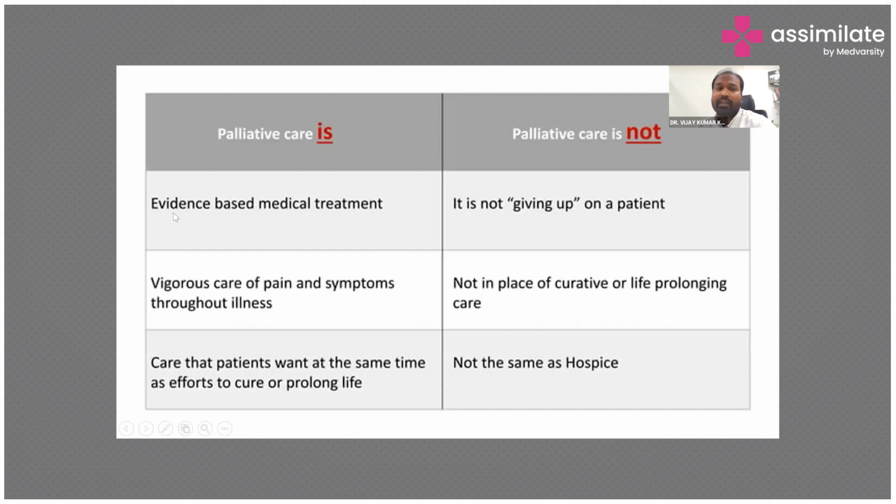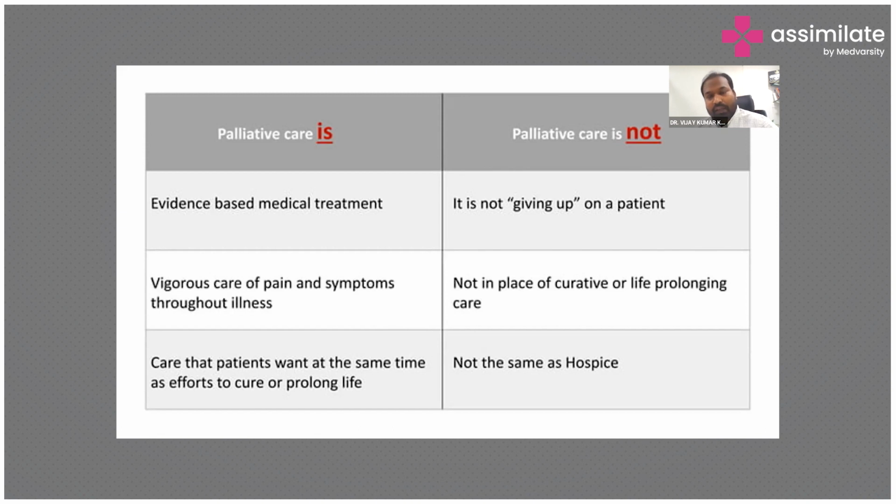So what is palliative care? Palliative care is evidence-based treatment, and it is vigorous care of pain and symptoms throughout the illness. Palliative care is care that patients want at the same time as efforts to cure or prolong life. Many people think that palliative care means there are no treatment options and we do nothing, but that is not true.